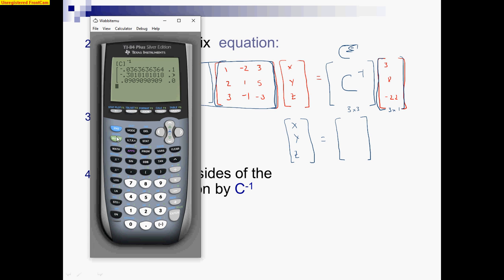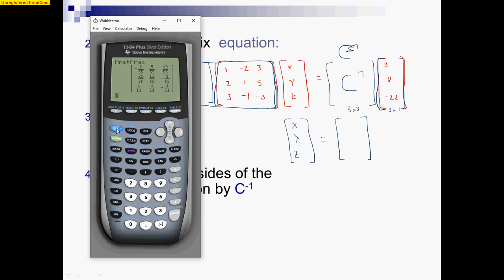I don't want to write all those down, so I'm going to turn it into fractions and copy all of those down. Somewhere on your paper, I don't care whether you write it here, write it both places, or write it off to the side, but somewhere I need you to write down the entries of C inverse.